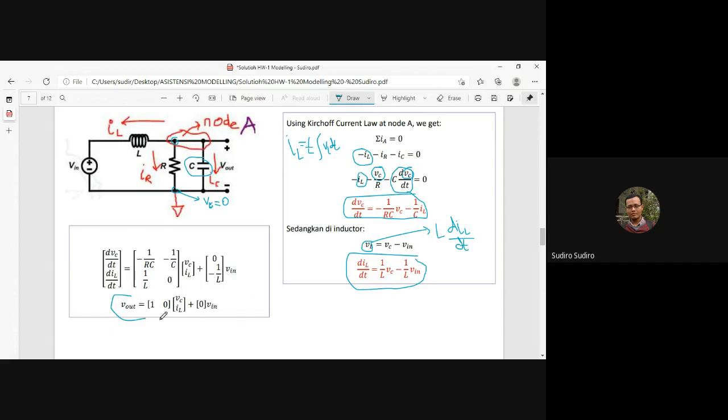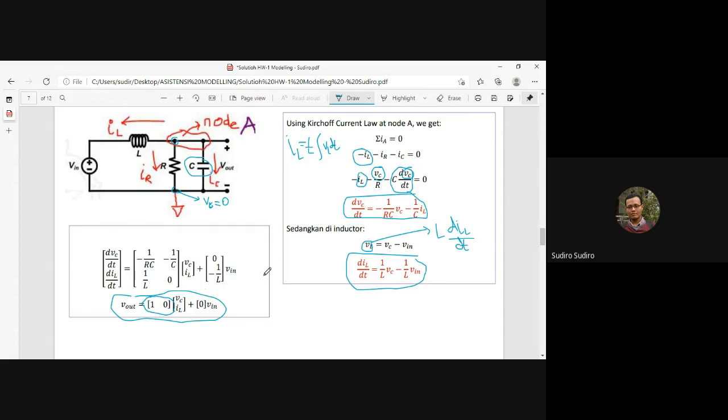Then we can write Vout is equal to matrix C, whose value is the row matrix 0 and 1, and because the output is not affected directly by the input voltage, D is the zero value.